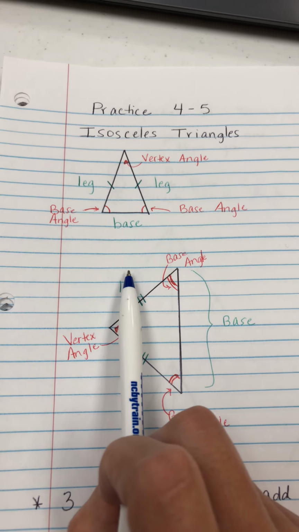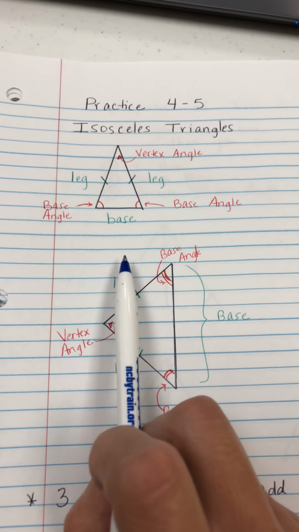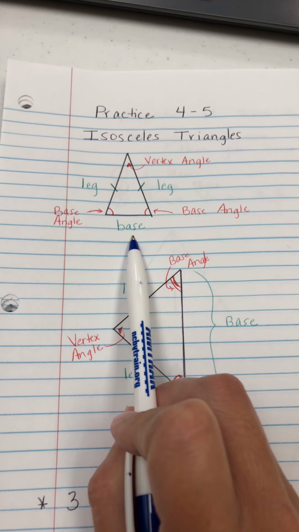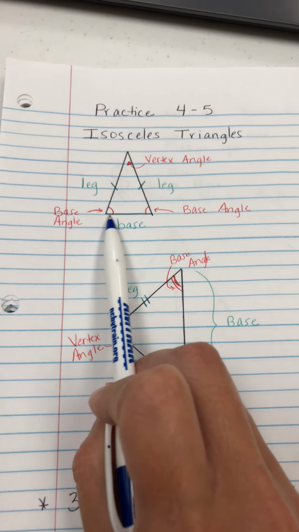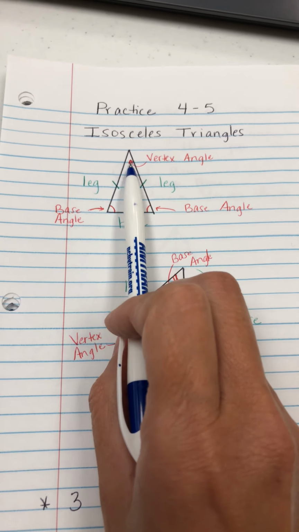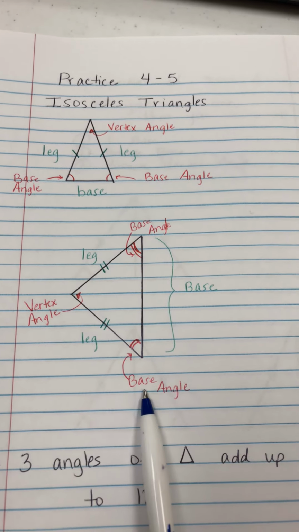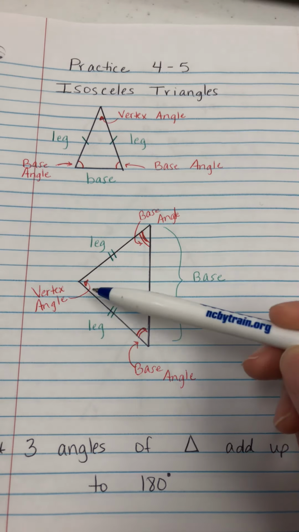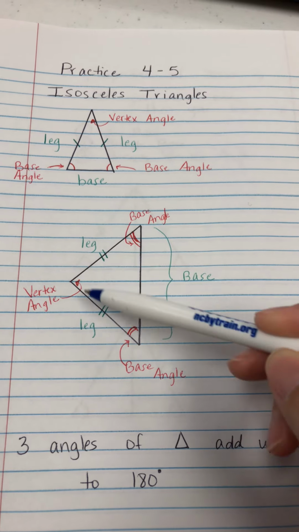So it's really important before we begin that you know this vocabulary. The legs are the two congruent sides, the base is the other side. The base angles are two congruent angles, the vertex angle is the other angle.